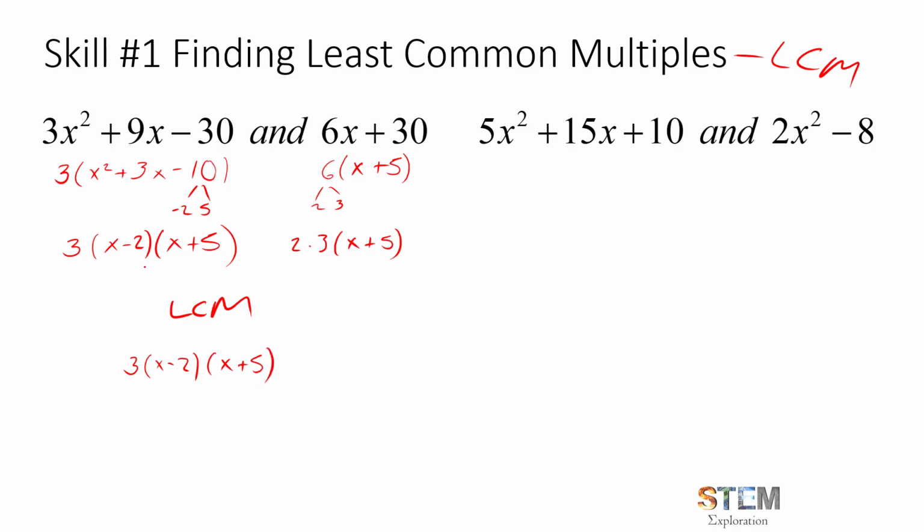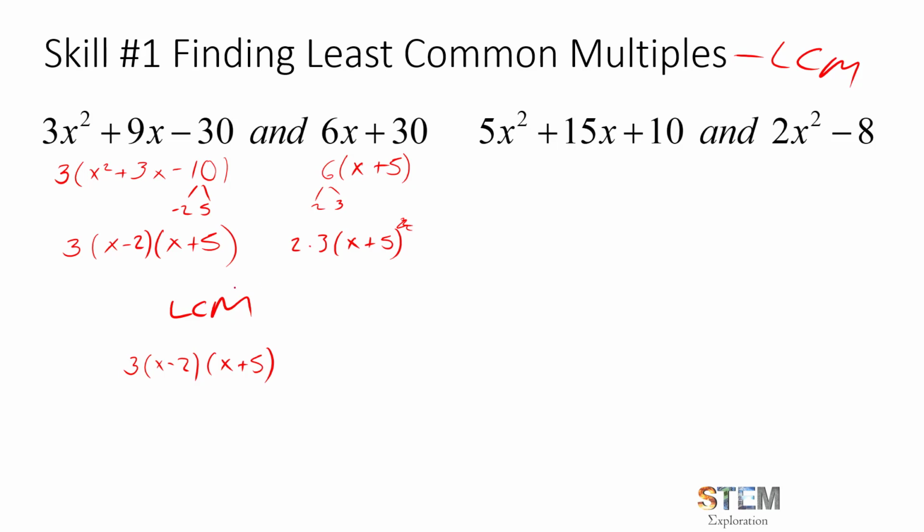All right, and then look at the second one and ask, is there anything in here that is not already present here? So for example, I see that x plus 5 is there once, so that doesn't need to be added a second time. The only way you would need to add it a second time is if for some reason this was squared here, but that's not the case, so we don't need to worry about that.